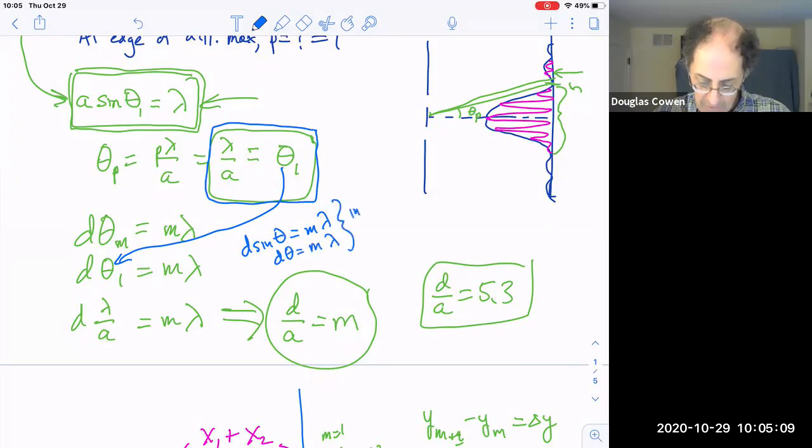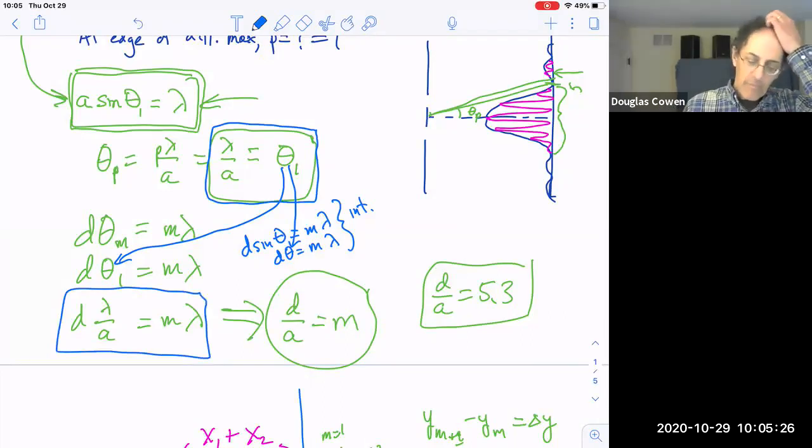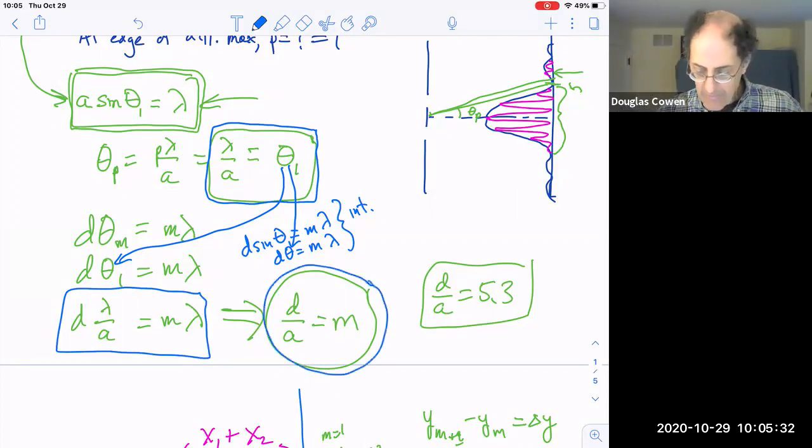This is for interference. And then I just plugged in this theta in here. And so that tells me that d lambda over a is equal to m lambda. And you can see that the lambdas cancel out, and you end up with this relationship.